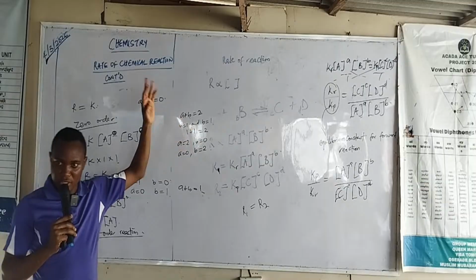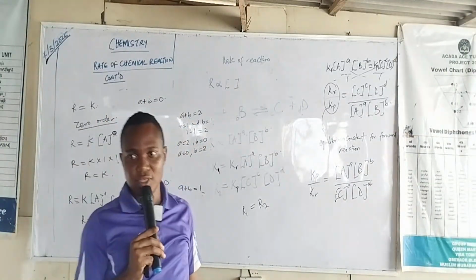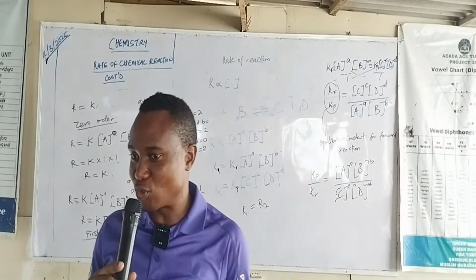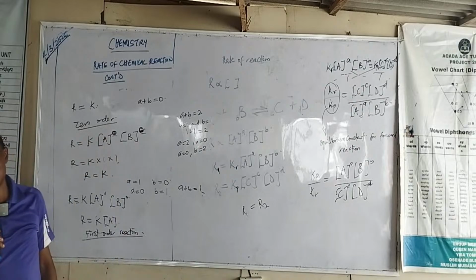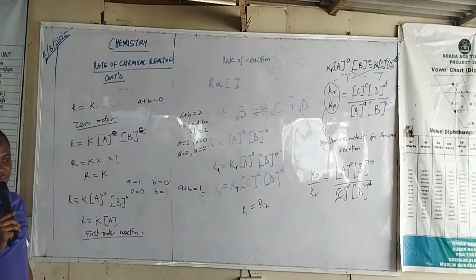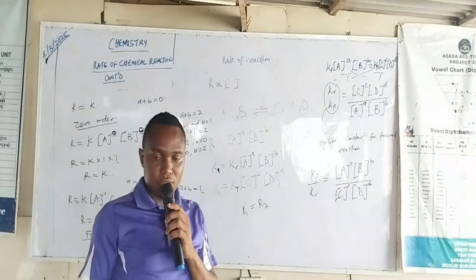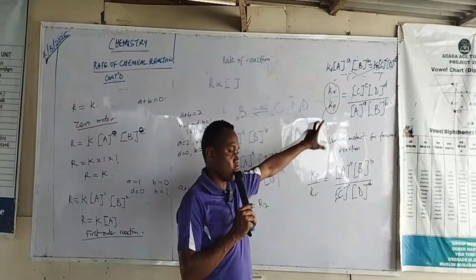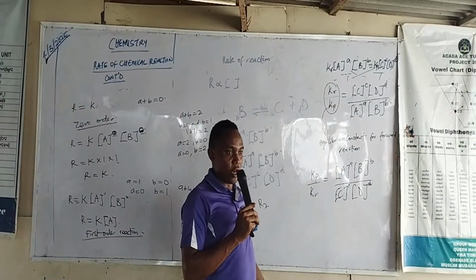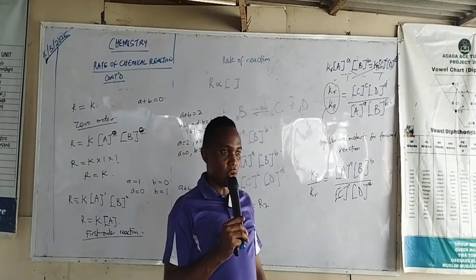Third order will be equal to 3, and so on and so forth. Any question? Okay, you have a question the other time from the past question. So this serves as a template for us going into chemical equilibrium.